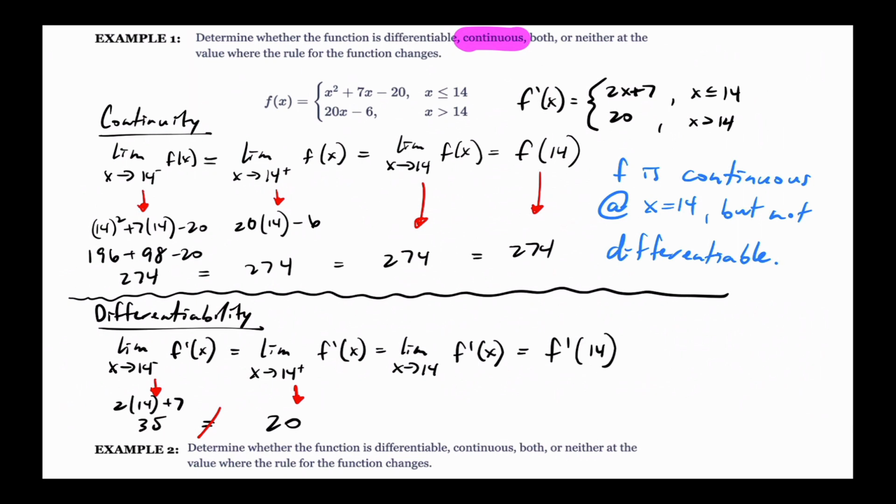It's continuous at x equals 14, but it is not differentiable. And then it's always going to say justify your reasoning. Well, the justification is right here.